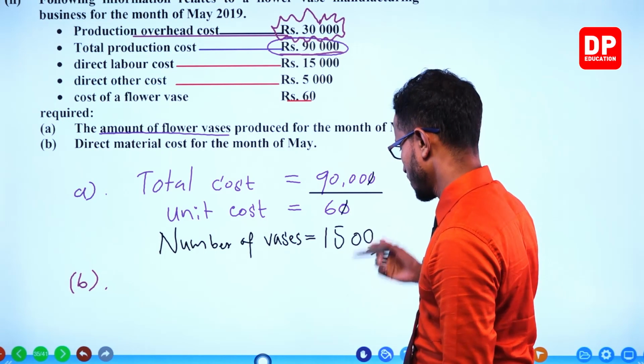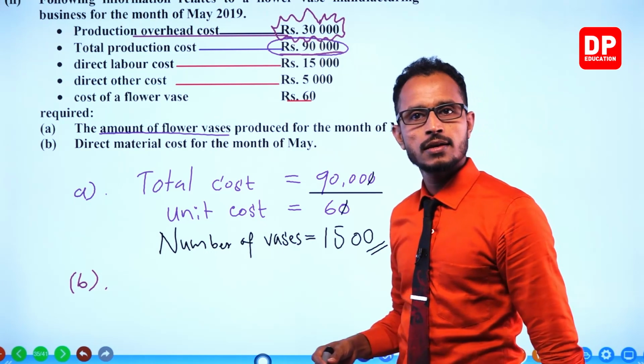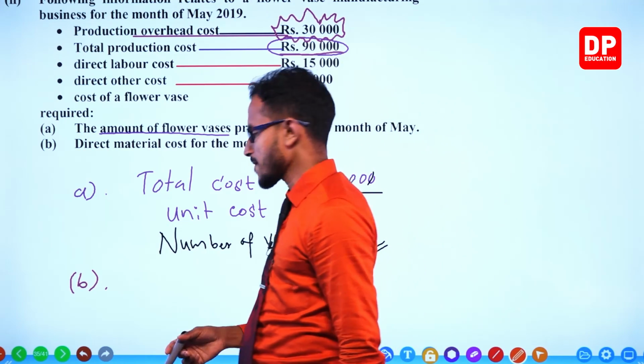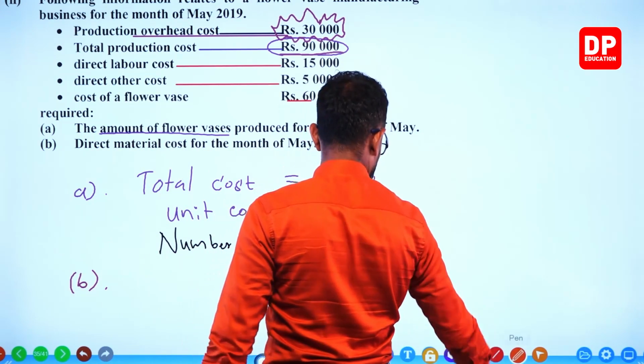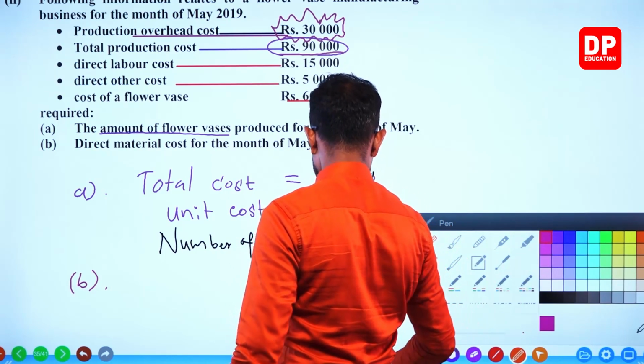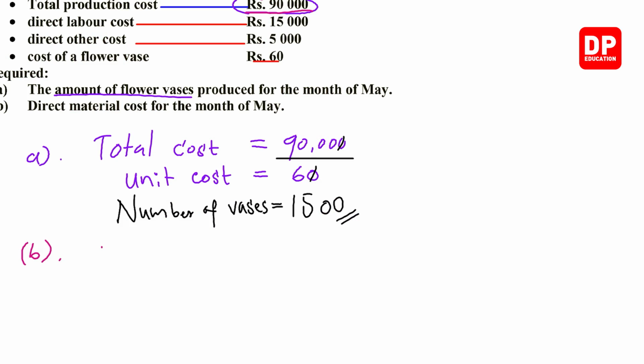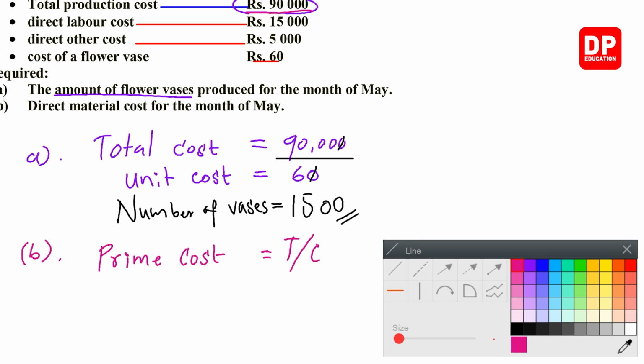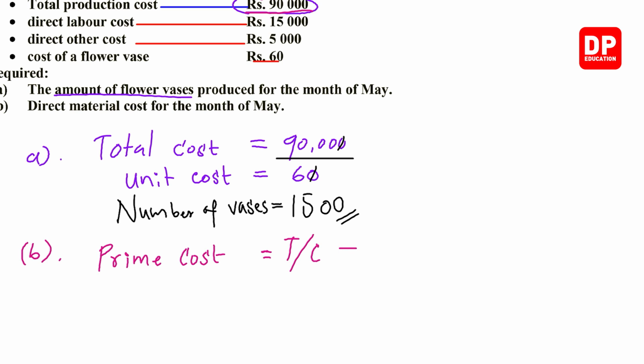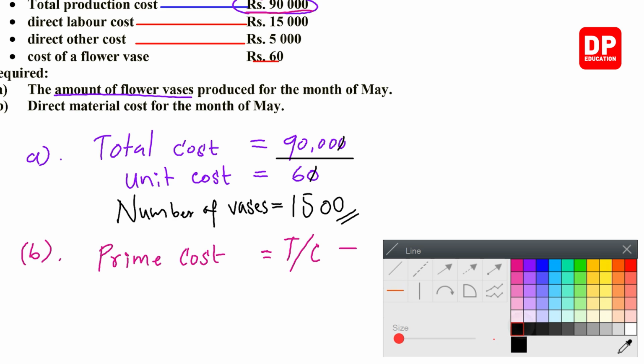Write it down. Prime cost equals total cost minus overhead.